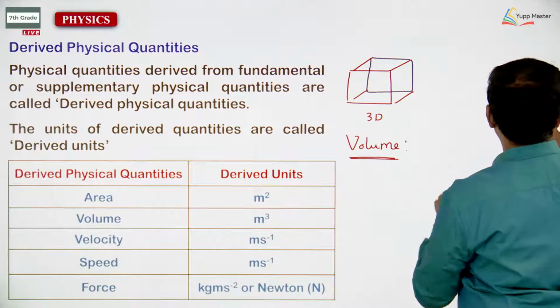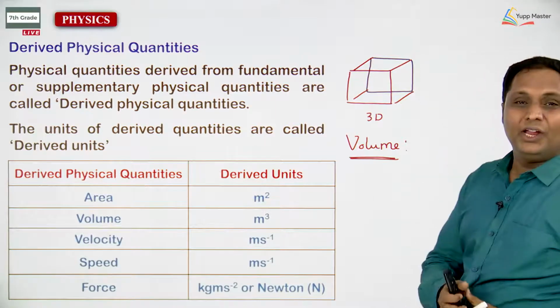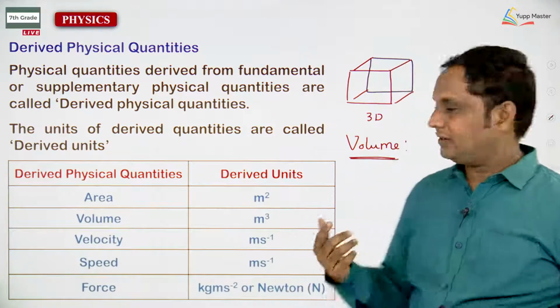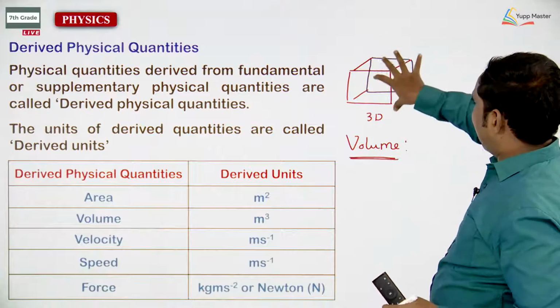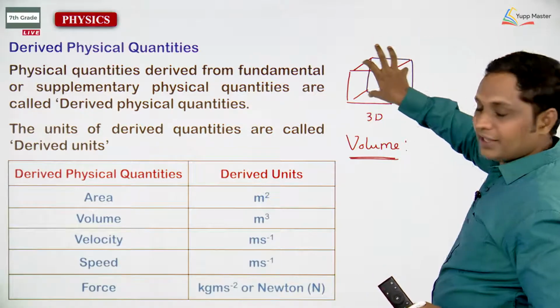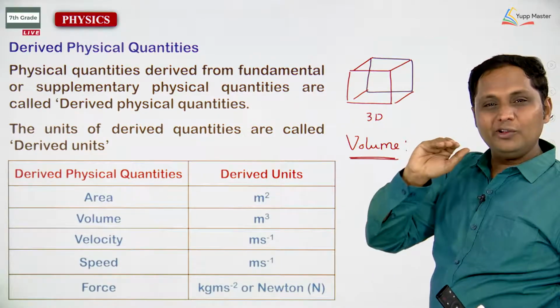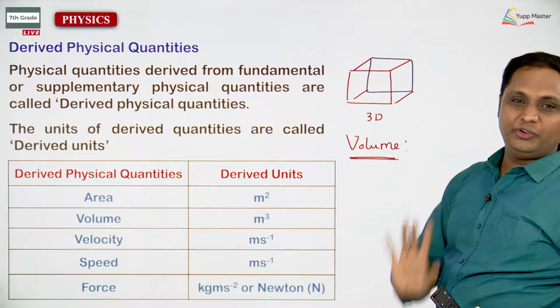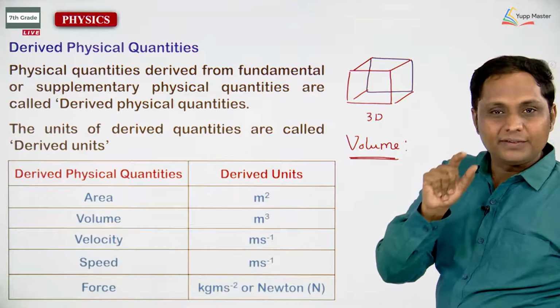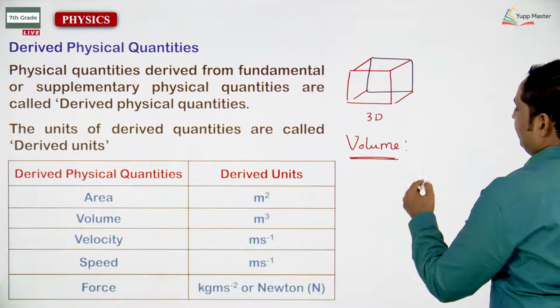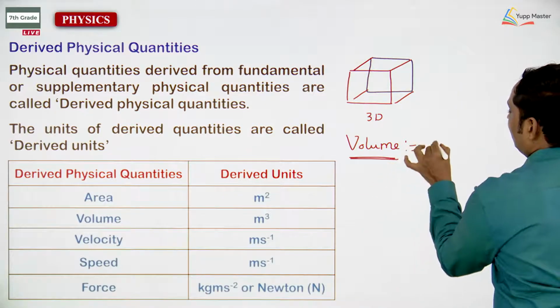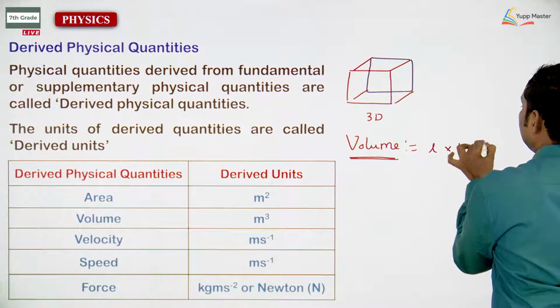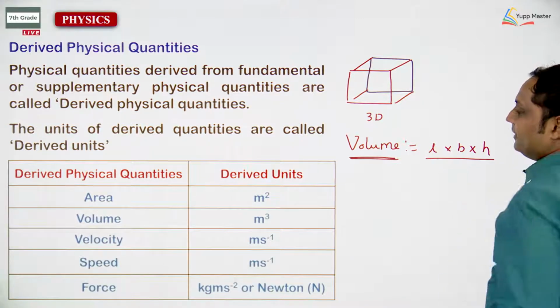If you are going to measure the volume of a regular body, or volume of a cube, or volume of an object which occupies space, volume is equal to L cross B cross H. It's very clear.